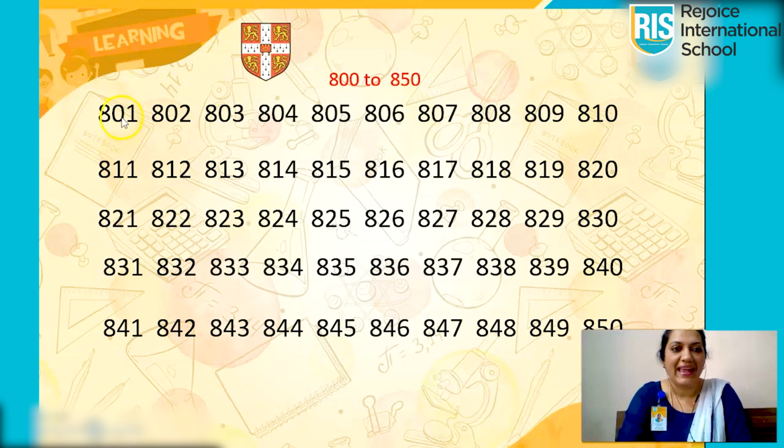You can see 80, 80. That is 80, 80, 80 everywhere. Right? The second row, you will again see it is 11, 12, 13, 14. It goes on the screen right up till 50. You are adding only 8 everywhere. That's because we are writing it from 800 to 850 on this slide.